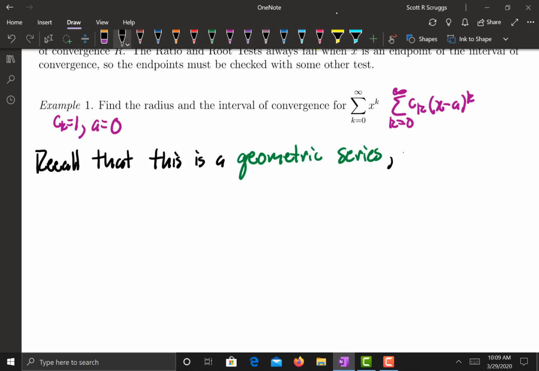For a geometric series to converge, we need the absolute value of x to be less than 1. Since my center is 0, I can rewrite that.